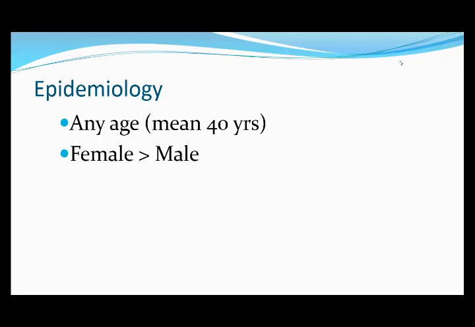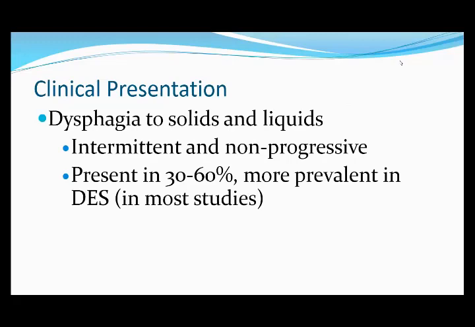It can occur at any age, but is more common after the age of 40, slightly more common in females than males. The presentation is dysphagia to solids and liquids, intermittent and non-progressive, present in 30 to 60%.